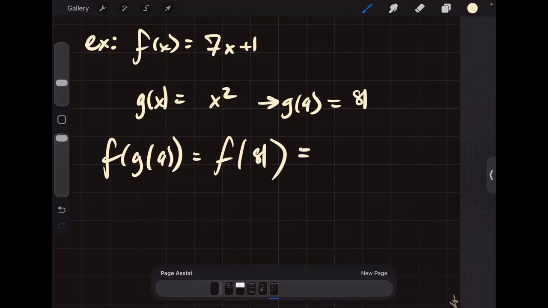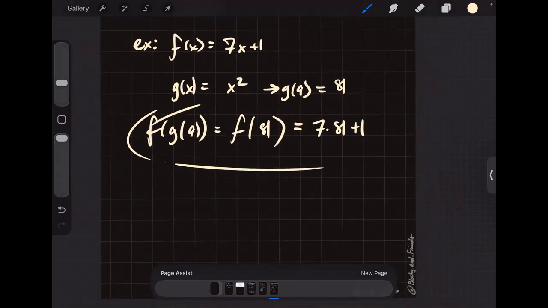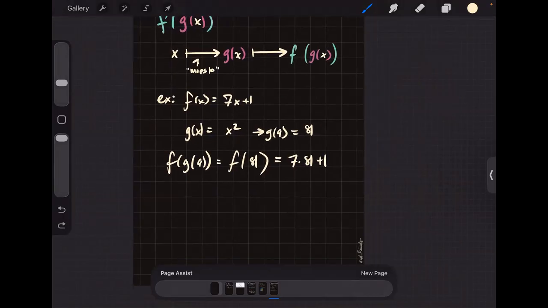What is f of 81? f of 81 is 7 times 81 plus 1. I don't really care what the value is. You guys just need to know how these things move. Okay, I think that's fair.